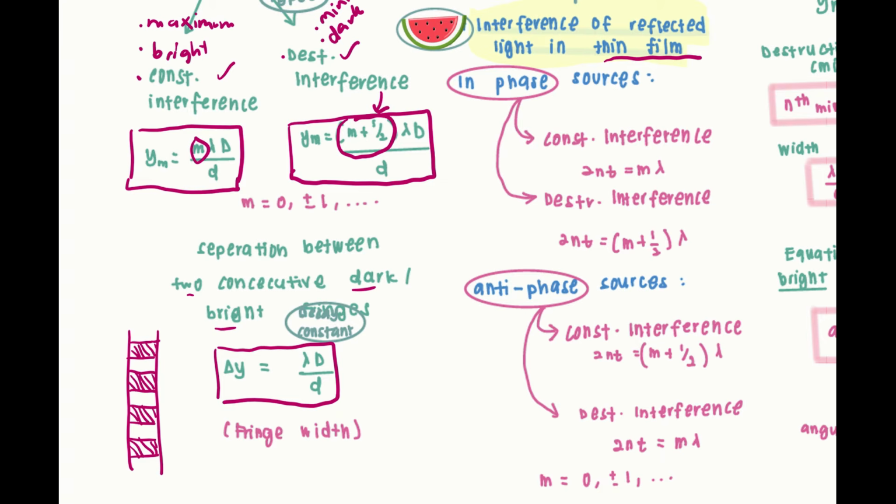So the distance between dark to the next dark is delta y. That is what is meant by delta y. Or it can be from bright to the next bright, which is also delta y. So in one pattern we actually have many delta y, and we call delta y the fringe width.